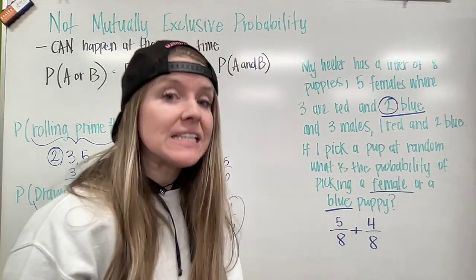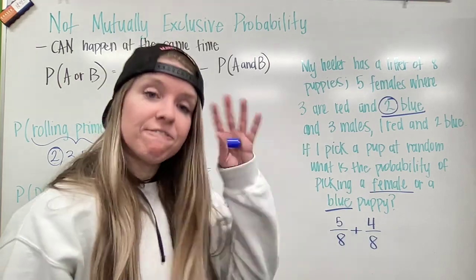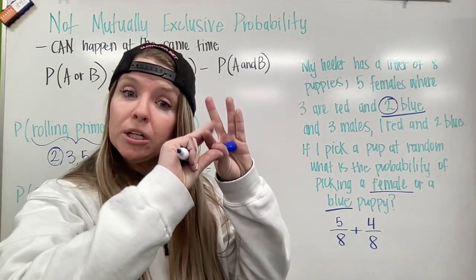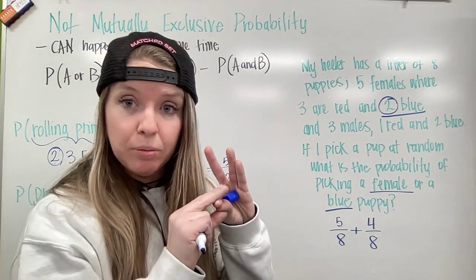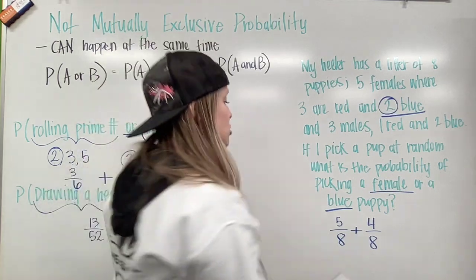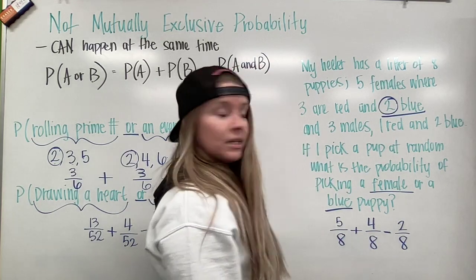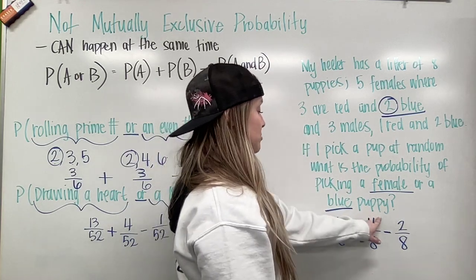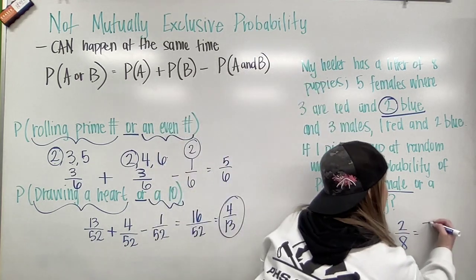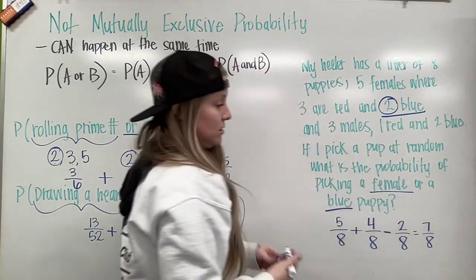I don't have 7 females. I have 5, 2 of which are blue. So I've already counted those blue puppies, right? So what I have to do is subtract the overlap. So 5 plus 4 gives me 9, minus 2. I have a 7 out of 8 chance.